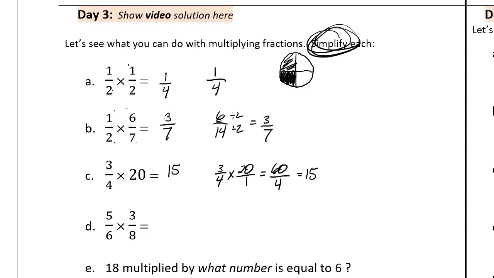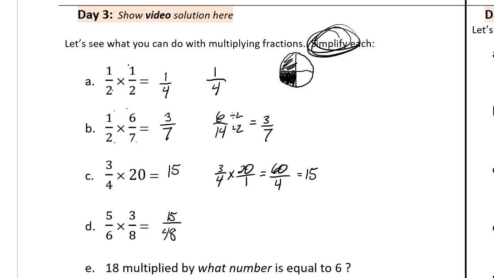So with a problem like this, the fastest, most efficient way to do the problem is probably to apply the rule. Multiply the numerators together and then multiply the denominators. 5 times 3 is 15, and in the denominator, 6 times 8 is 48. Now check to see if this simplifies. Can you rewrite 15 over 48 as an equivalent fraction that has simpler numbers?